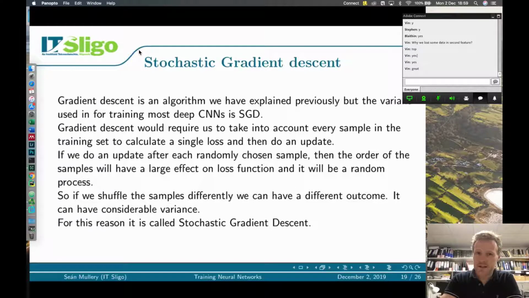Gradient descent is an algorithm we've explained previously, but a variant called stochastic gradient descent is used for training most CNNs. Gradient descent would require us to take into account every sample in the training set to calculate a single loss and then do an update. The problem with that is that it doesn't make sense to send all of the samples through before doing an update, because we would be here forever.